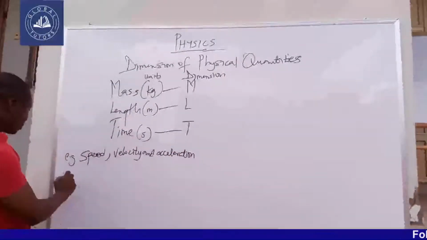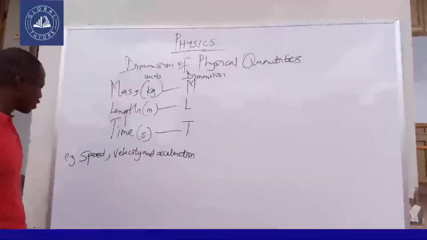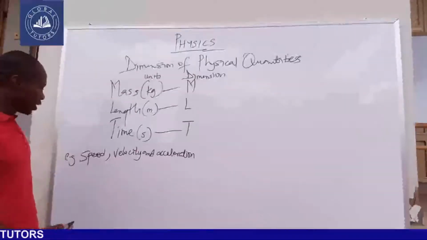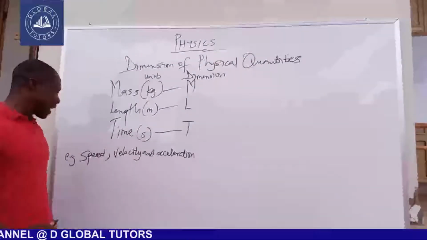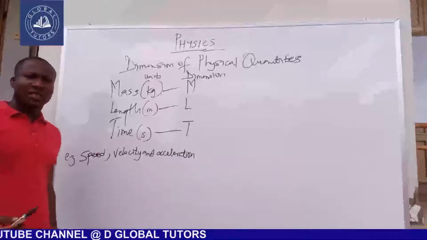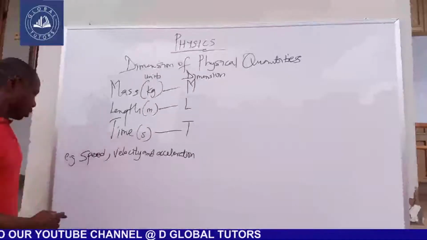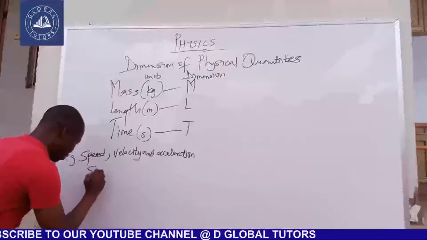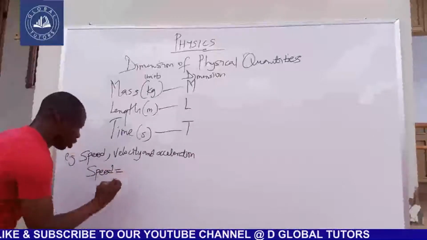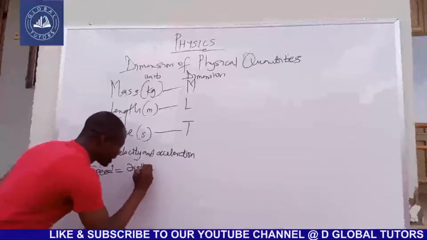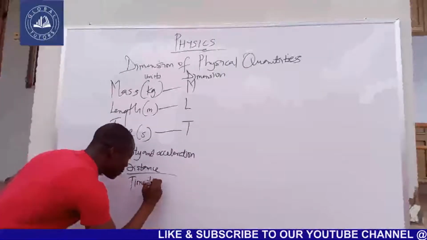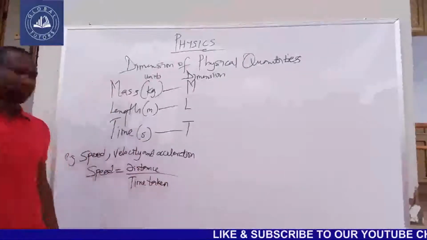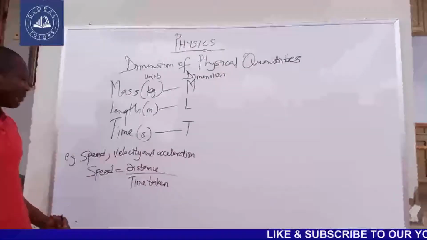Now, the speed, what is the formula for speed? Before you know the dimension of speed, the formula of speed is defined as rate of change of distance with time. So our speed equals distance all over time taken.